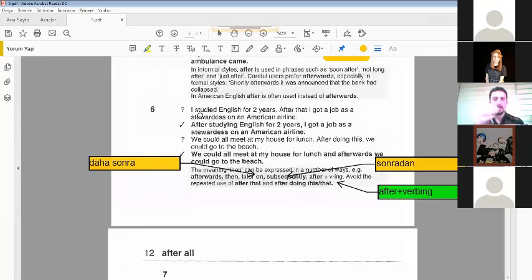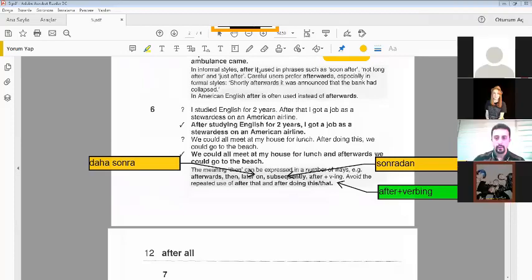But the second one is 1 sentence, a mix of 2 sentences. So if you want to mix 2 sentences, you have to write like this. Just a moment, I show you.